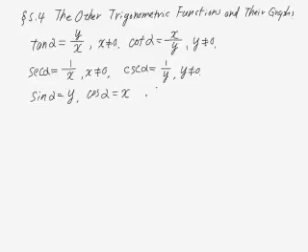And here the x and the y is the coordinates of the point of intersection of the terminal side of this angle with the unit circle. And from these definitions, we can immediately get some identities which are called the identities from the definitions.